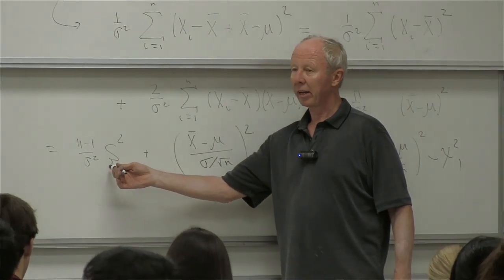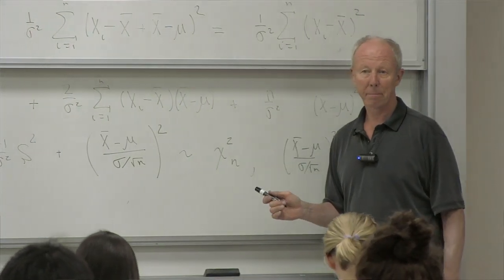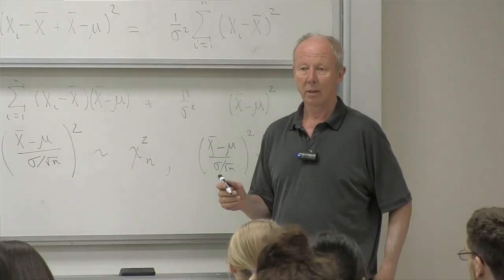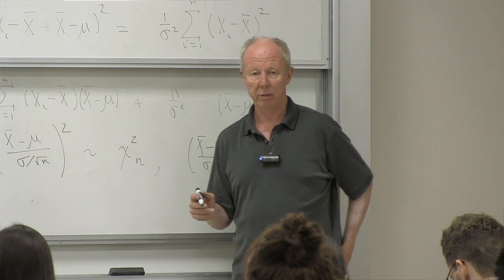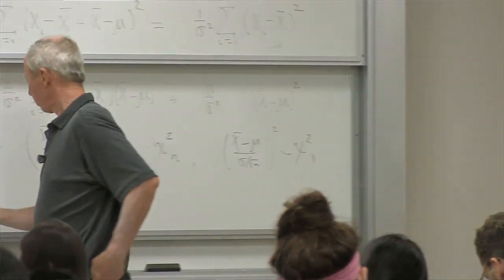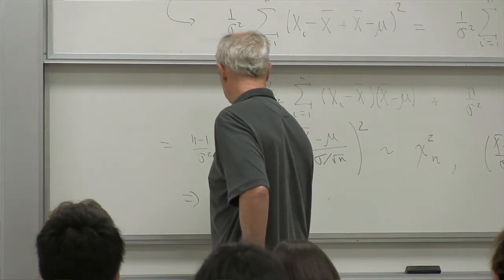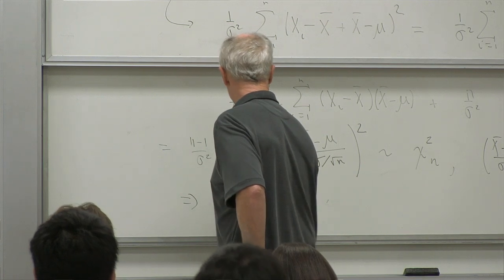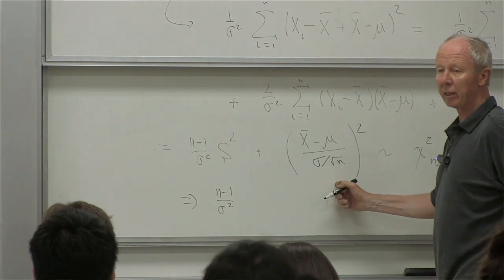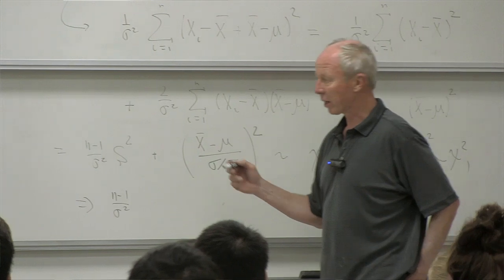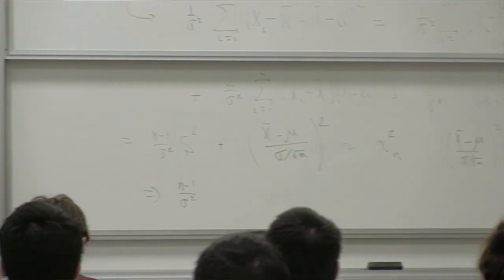What do I have to add to that to get chi squared with n degrees of freedom? Chi squared with n minus 1 degrees of freedom. The sum is chi squared with n degrees of freedom, and this is chi squared with 1 degree of freedom. What's a chi squared with n degrees of freedom?